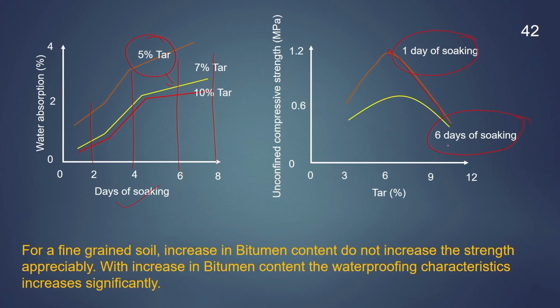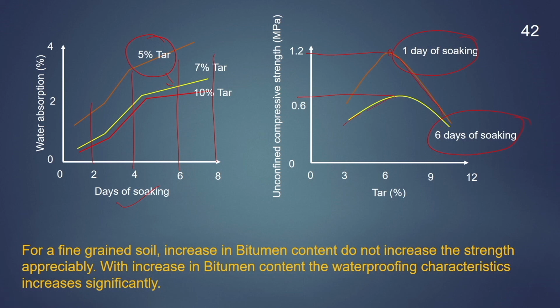However, if we soak the soil for a large number of days, then the achieved unconfined compressive strength of the soil will decrease. Here you could see that at 1 day of soaking the strength is quite large, and after 6 days of soaking the unconfined compressive strength of the soil will decrease, as more water will ingress into the soil.